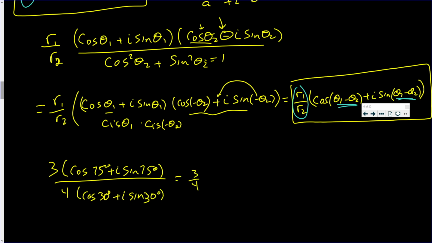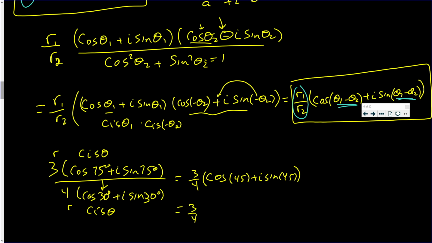It's 3 over 4 cosine of, subtract. So they're both in r CIS theta form. That's key. r CIS theta form. So we subtract. 75 minus 30 is 45. Plus i times sine of 45.